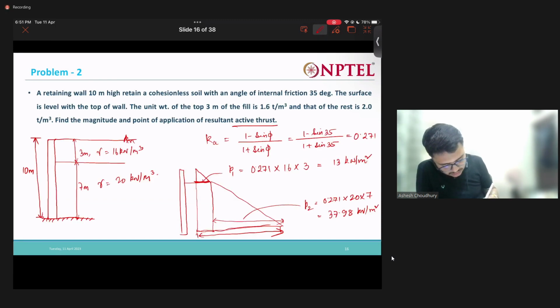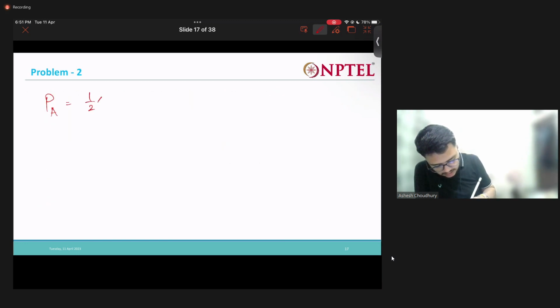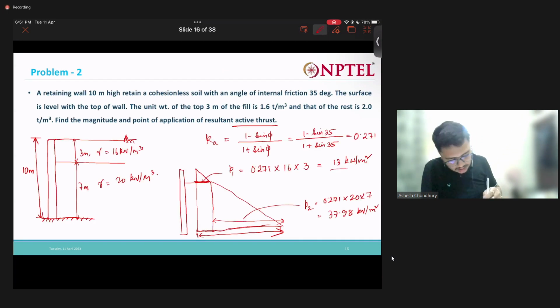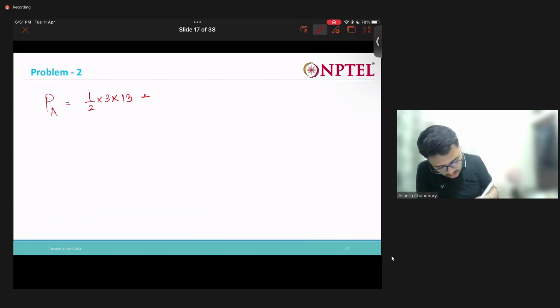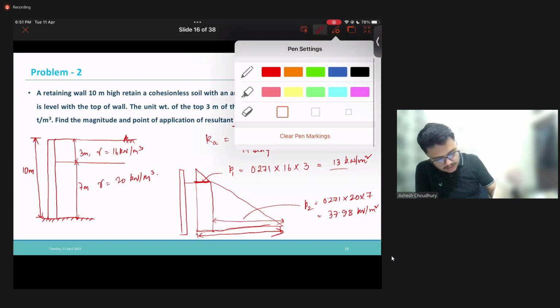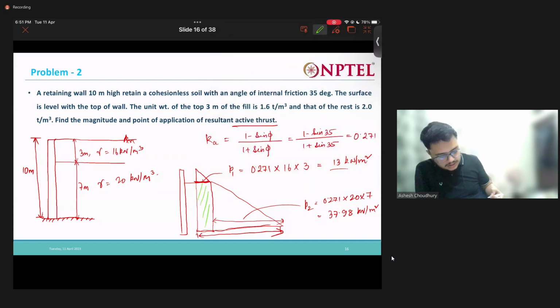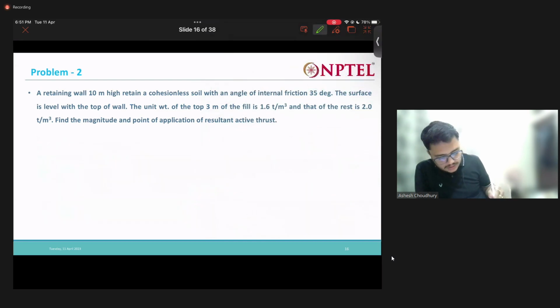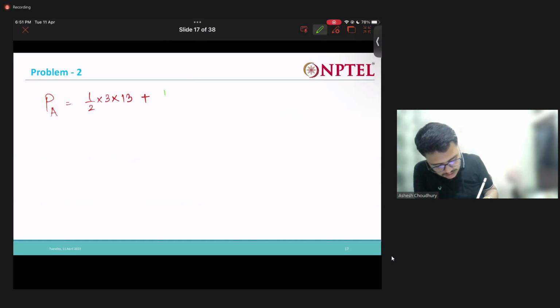This is half into 3 into 13, plus area of this part. So it will be 7 into 13, 91.